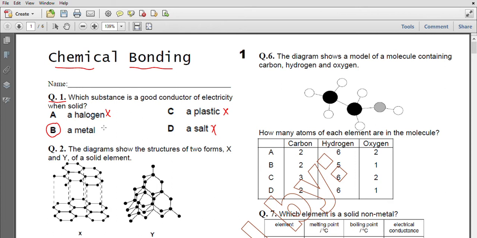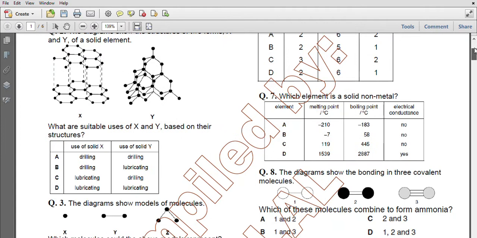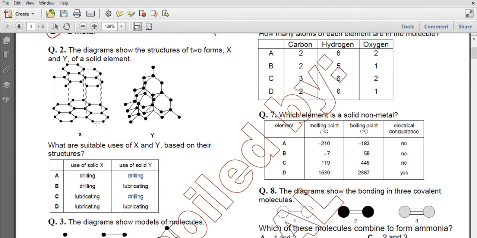So a metal is a substance which can conduct electricity very easily due to the presence of delocalized electrons.